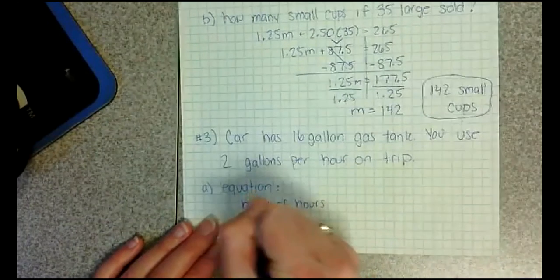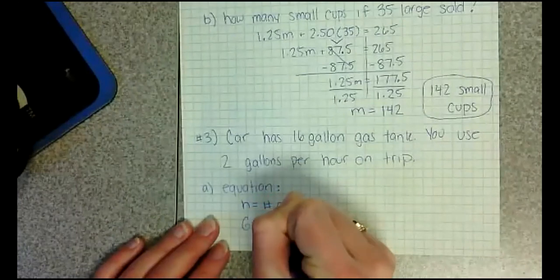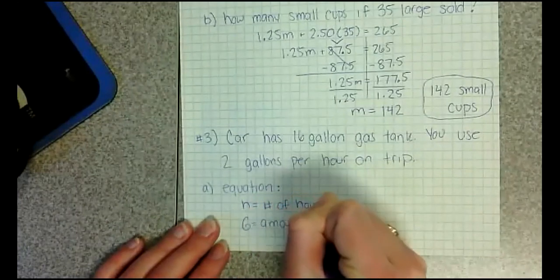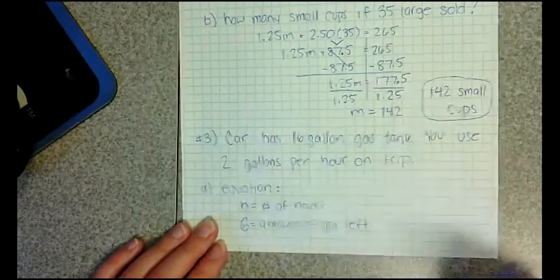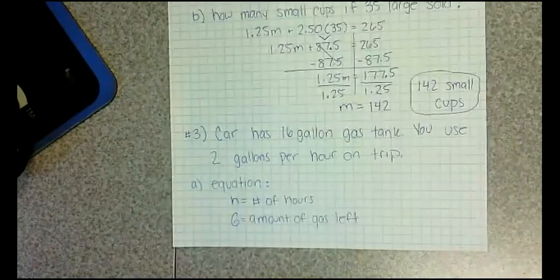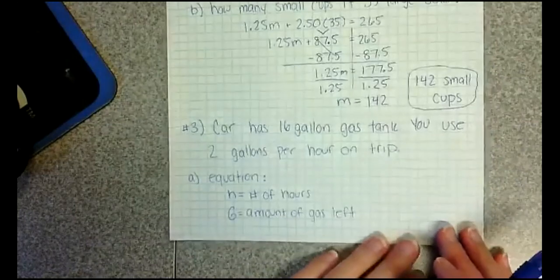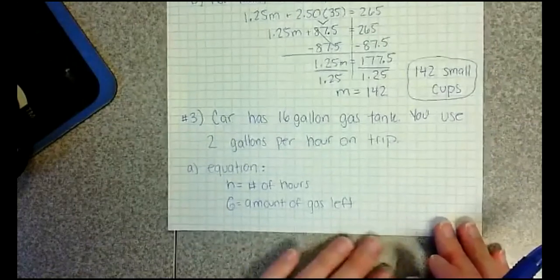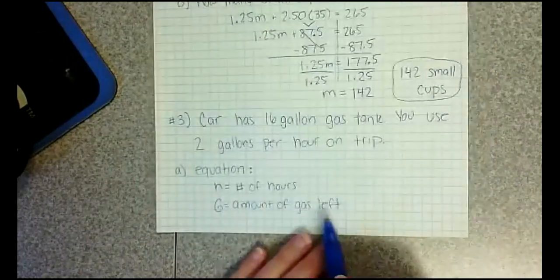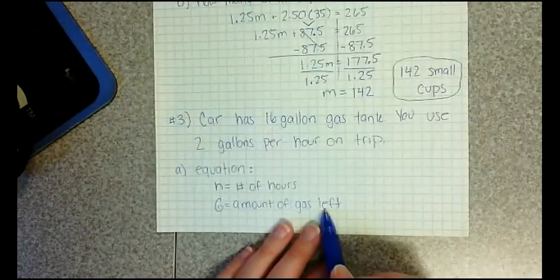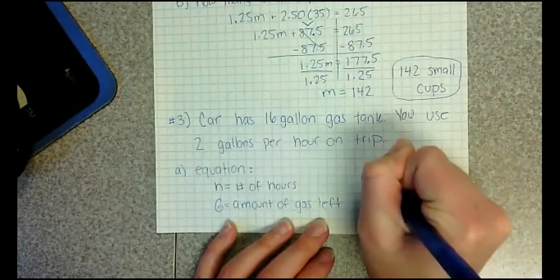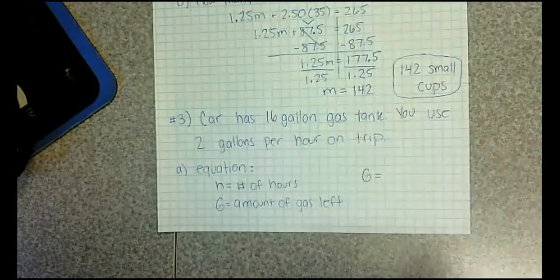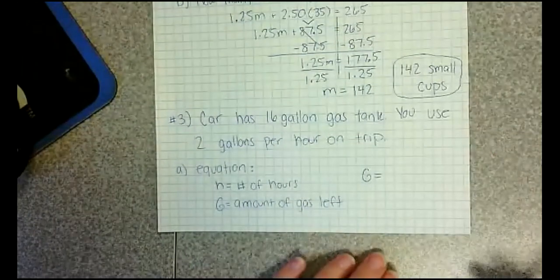I'm going to use G for the amount of gas left. Okay, that way I know what is being represented in this problem. So the amount of gas left, that would be my total. Again, a lot of you are using Y, that's fine.